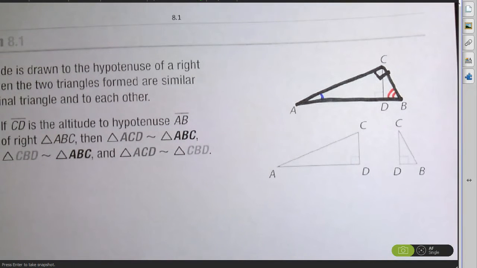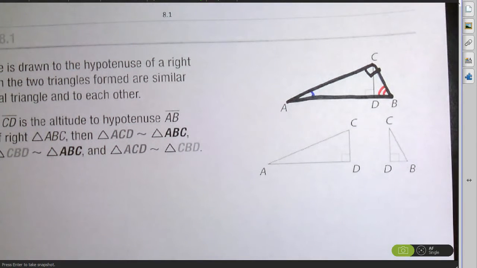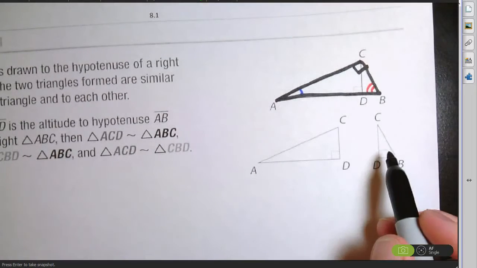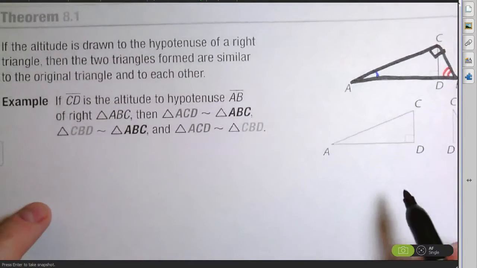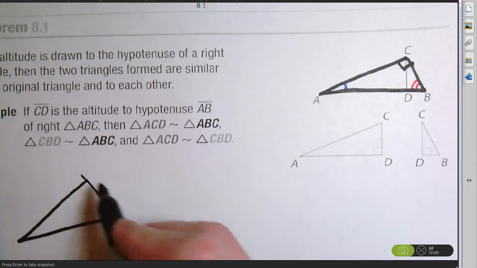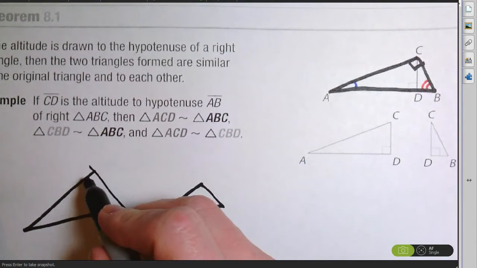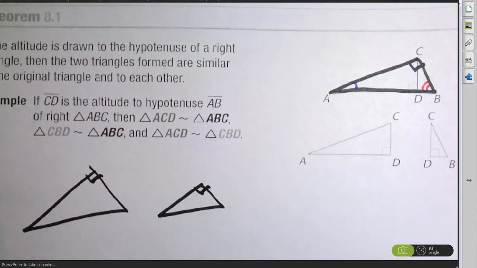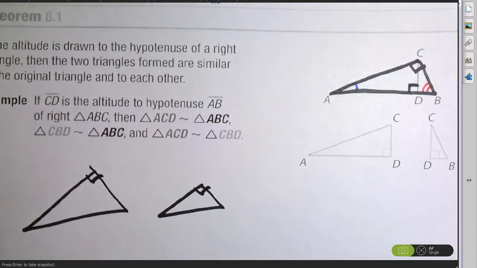Now here's how I do it. I've gotten good enough at this over the years I can mentally see it now. But for you guys, especially at first, here's the easiest way to go about this. Don't draw it like the book did it. This tends to confuse people. What you do instead is you draw two triangles just like this one, just smaller. Where you put the right angle then in the same spot, which if I go back to the big drawing is right here.